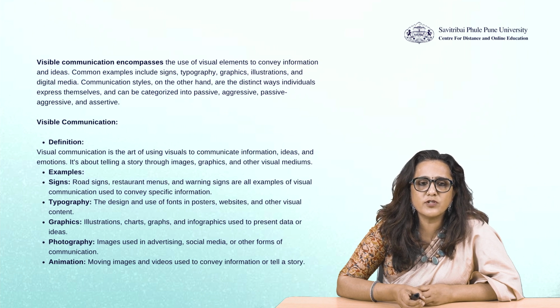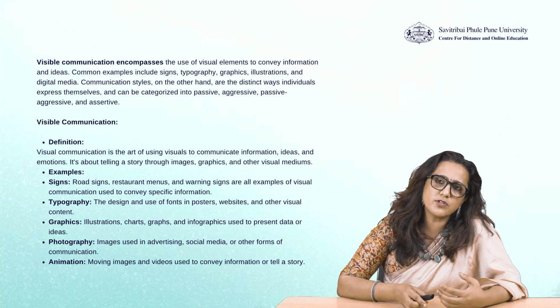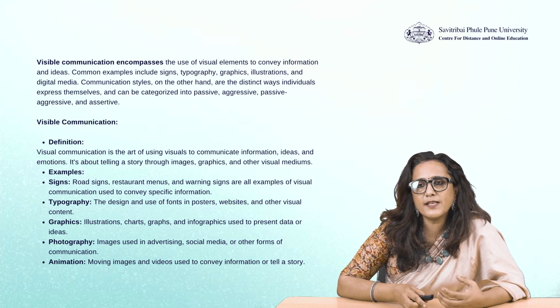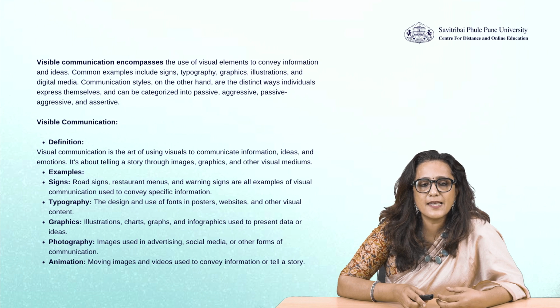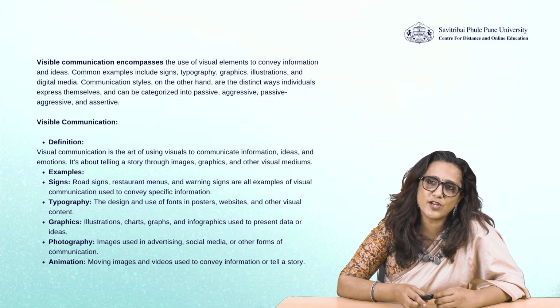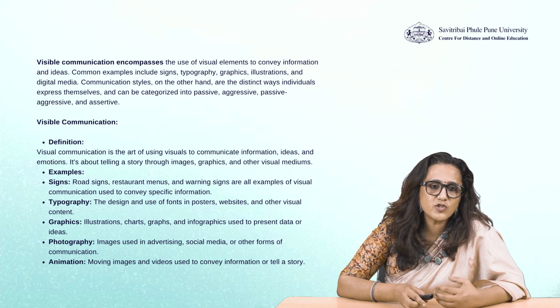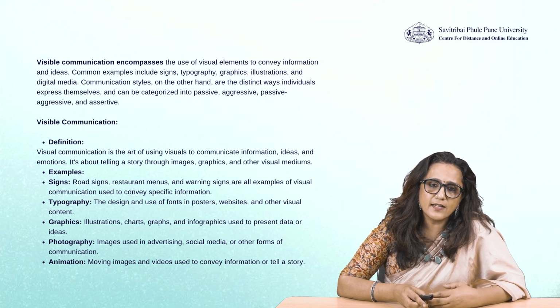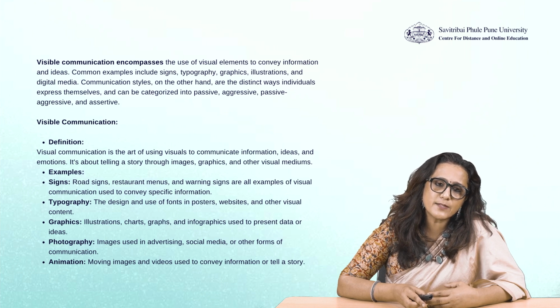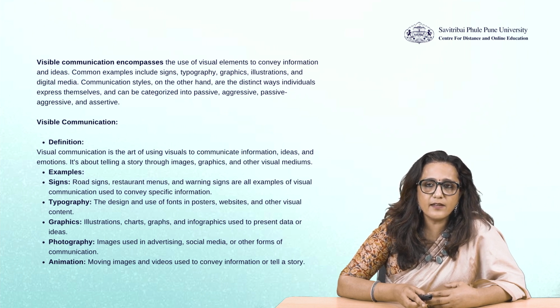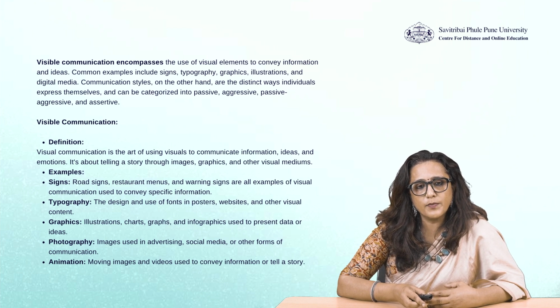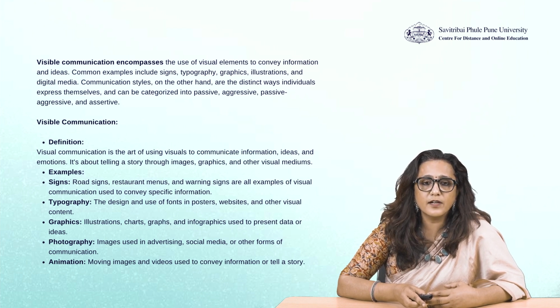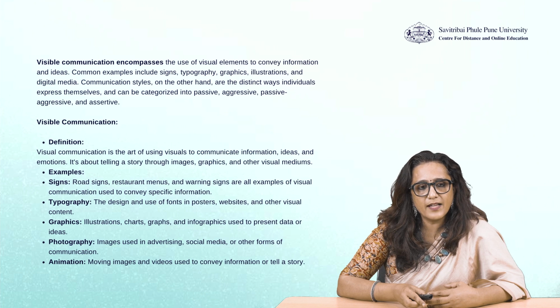Visible communication encompasses the use of visual elements to convey information, to convey ideas. The common examples of anything visual you would say is signs, graphics, illustration, typography, digital media. Communication style, on the other hand, are the distinct way individuals express themselves, and communication style could be both passive, aggressive, and assertive.